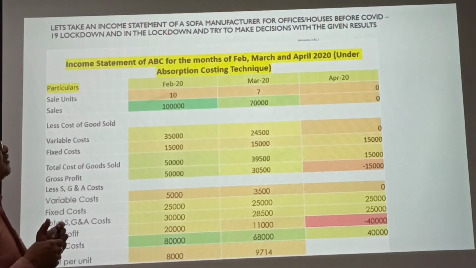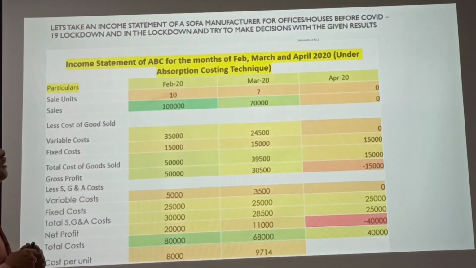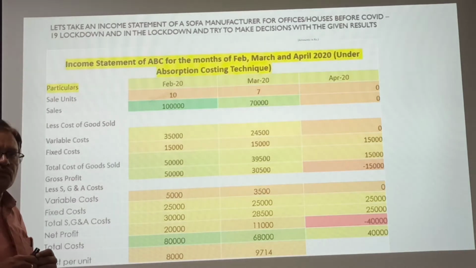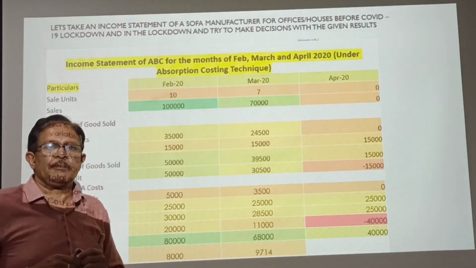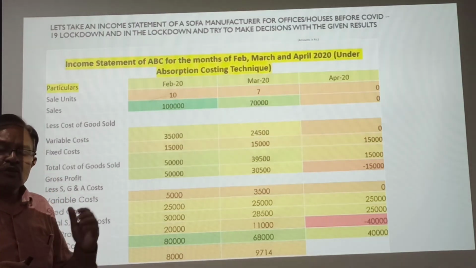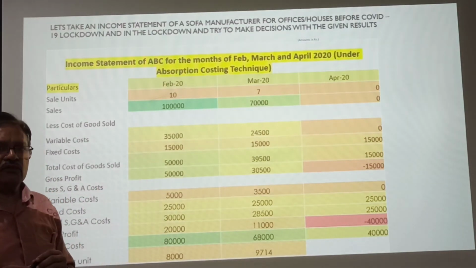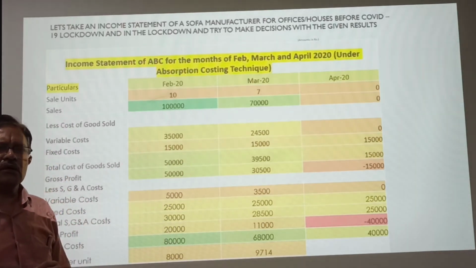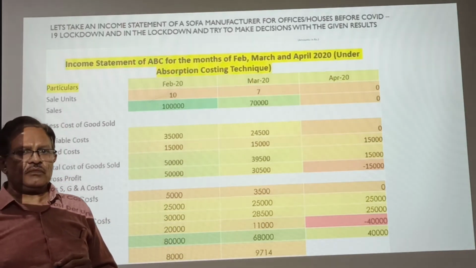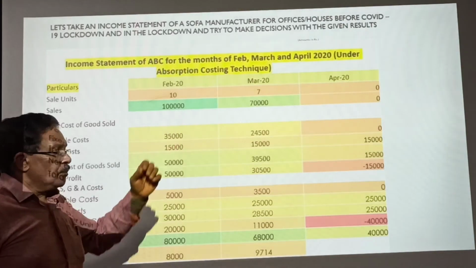Let us understand two different concepts of costing and how the income statements are made by using these two different techniques. One is called the absorption costing technique, another one is called the marginal costing technique.